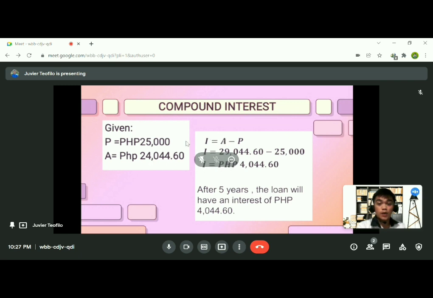So using the compound interest, I is equal to A minus P, we have 29,044.60 minus 25,000 is equal to 4,044.60 centavos. So therefore, our compound interest there is, after 5 years, the loan will have an interest of 4,044 pesos 0.60 centavos.